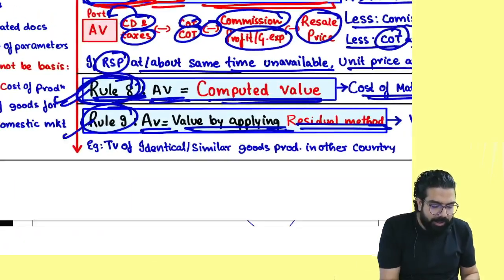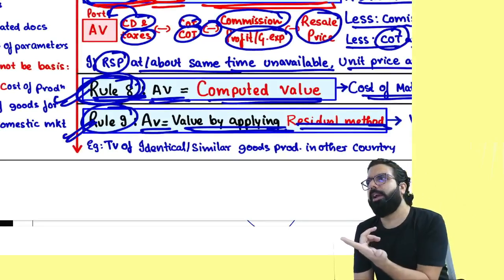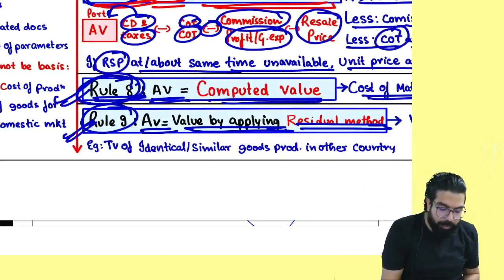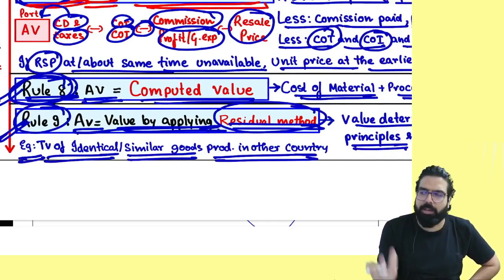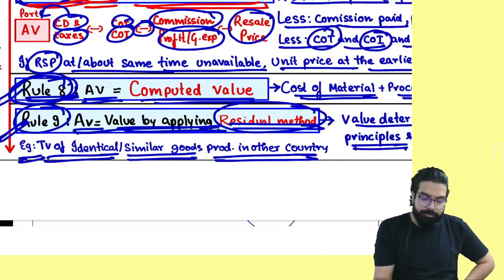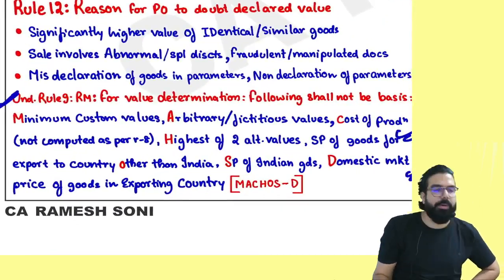Then rule number 9 is telling you apply reasonable means, identical goods from different country I will take it. That is told by rule number 9 that apply residual method. Example, transaction value of identical or similar goods produced in either country you can go ahead and take. But residual method, they can go ahead and ask you also 2 mark.